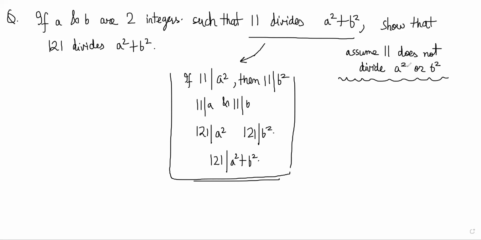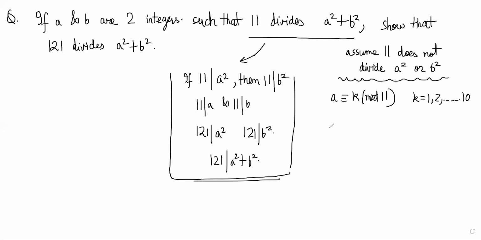So we know that 11 does not divide A, right? So A can be written as congruent to K mod 11, where A leaves a remainder K, and K can go from 1 to 10.